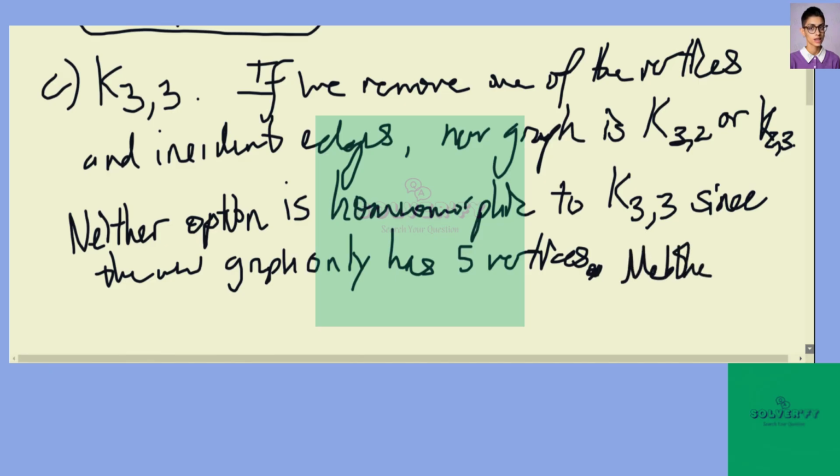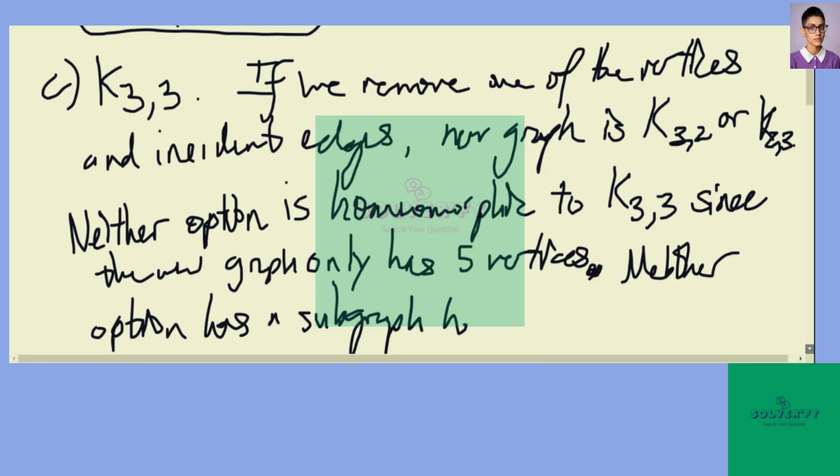And neither option has a subgraph homeomorphic to K5, because even though we do have 5 vertices, a subgraph homeomorphic to K5 would need at least 10 edges, because K5 has 10 edges.